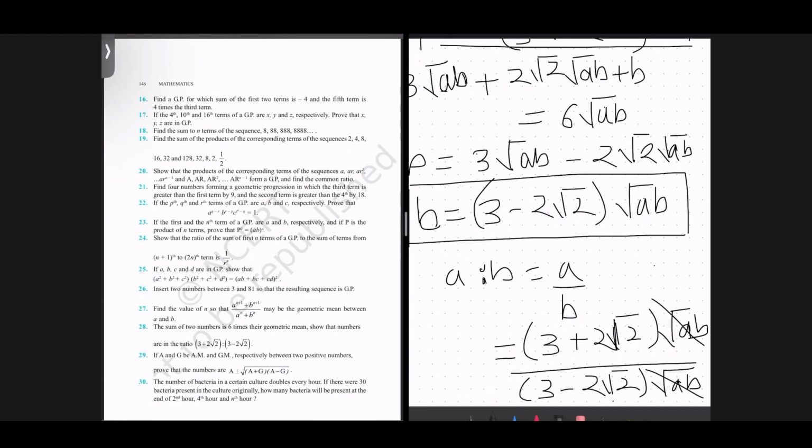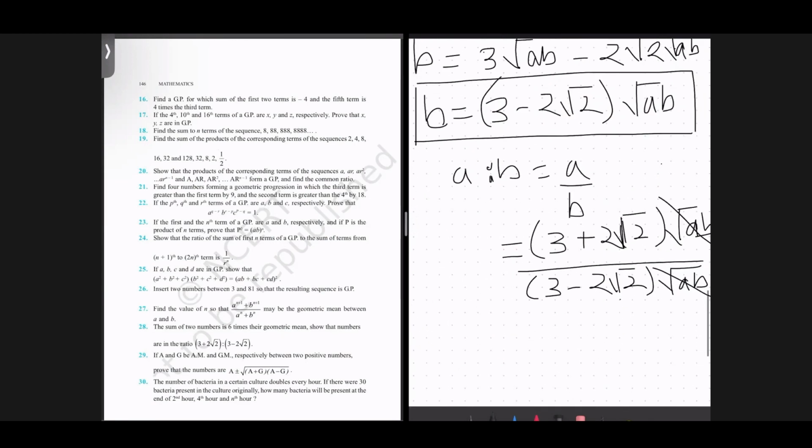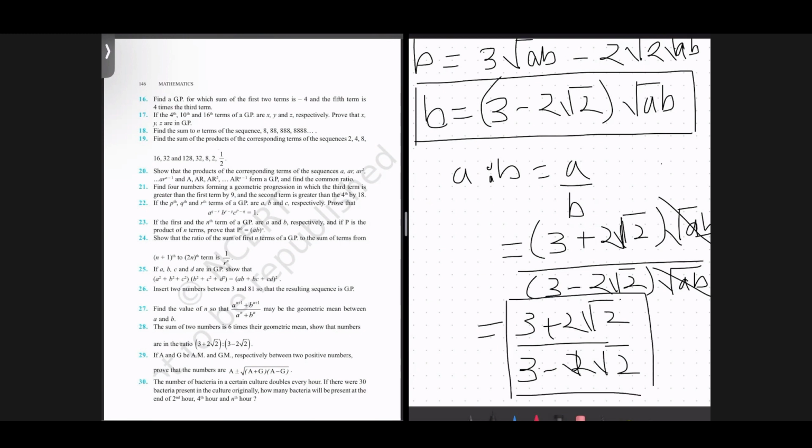Root ab and root ab get cancelled. What we are finally left with is 3 plus 2 root 2 upon 3 minus 2 root 2, and we had been asked to show exactly that, and we did. So that is your final answer. That was question number 28 for you guys. Moving on.